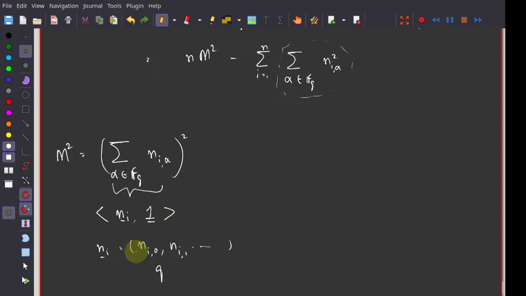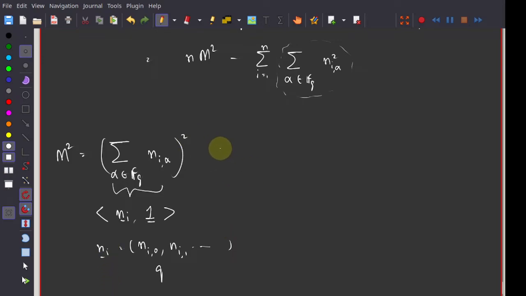You agree? Are you all with me? So this summation over all alpha of n_i alpha can be written as the inner product between the vector of n_i alphas and the all ones vector. That will just give me n_i0 plus n_i1 plus so on.